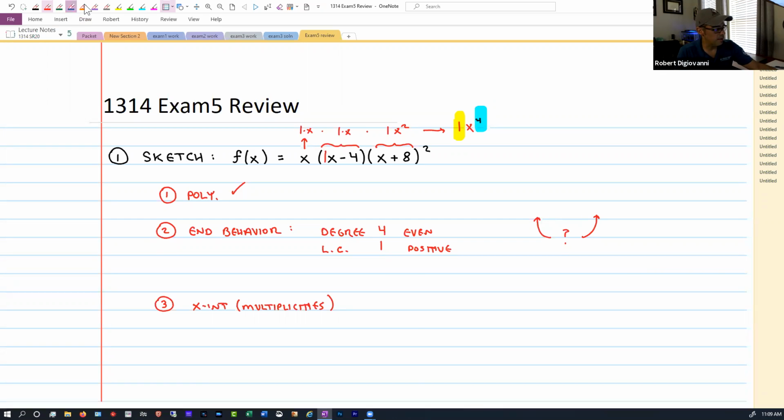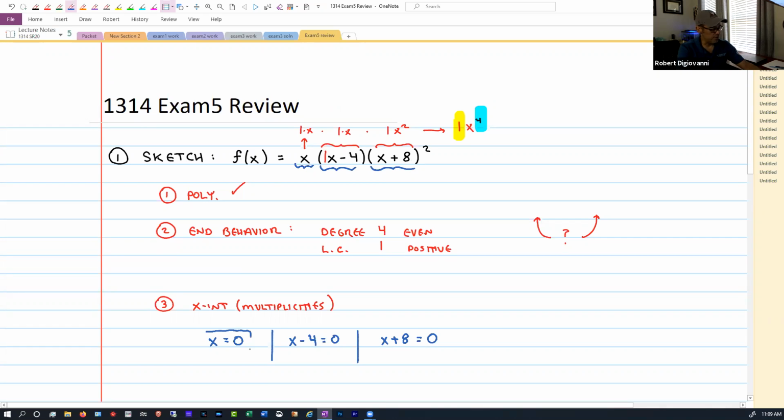I'll do this in a different color. We take each of these factors, doing this in blue here, and we set each one of them equal to 0. So I'm going to set x to 0. I'm going to set x minus 4 to 0. And the x plus 8, even though it's being squared, I only have to set the factor equal to 0 one time. So we solve each of these for x.